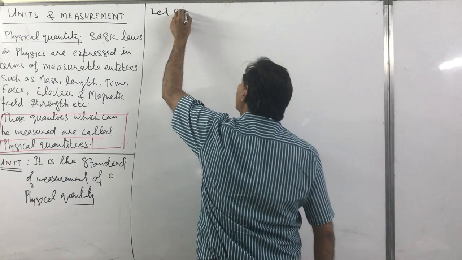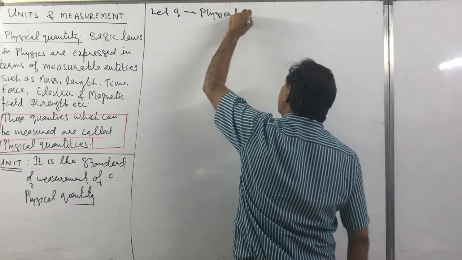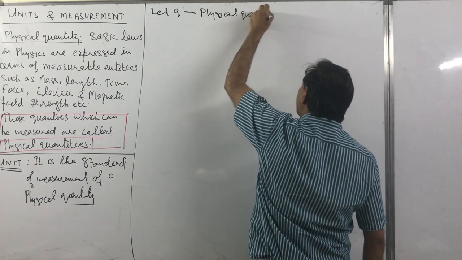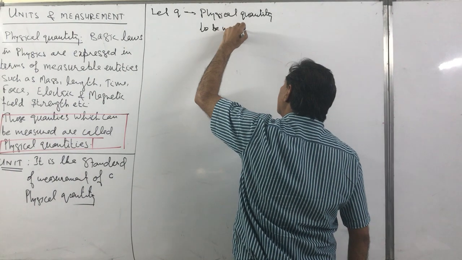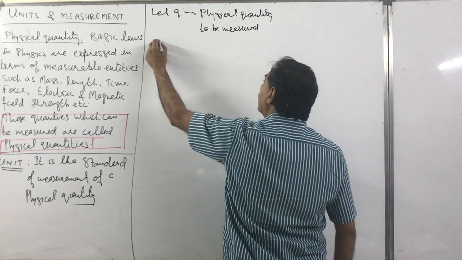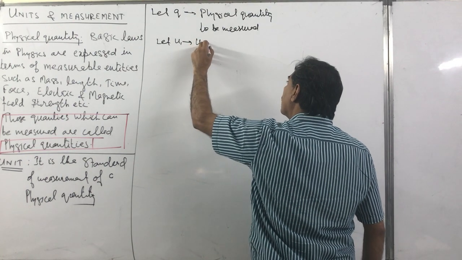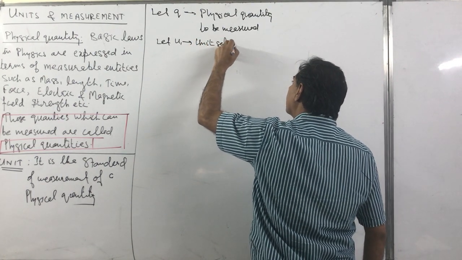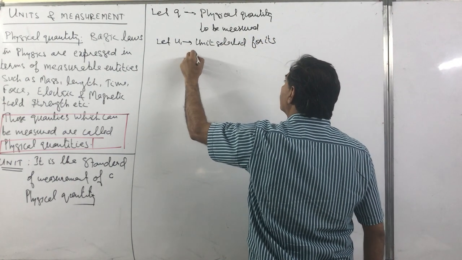Let Q be a physical quantity to be measured. Let U1 be the unit selected for its measurement.